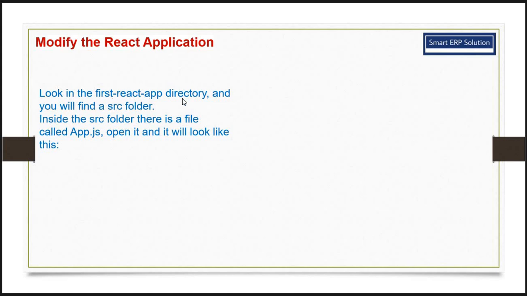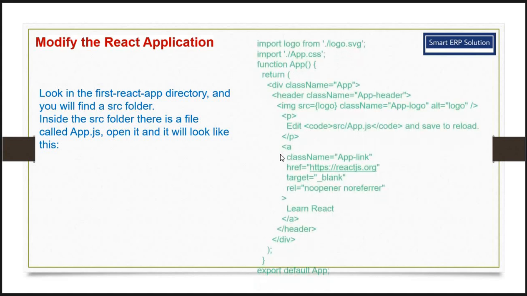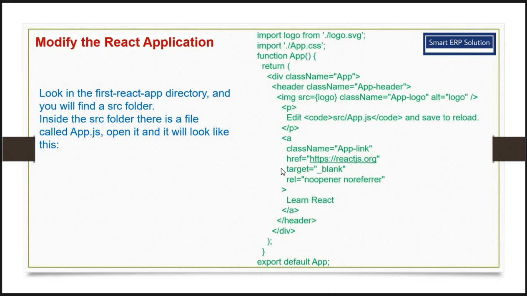Look in the first React app directory and you will find the src folder. Inside the src folder, there is a file called app.js. You need to open it. It will look like this. This will be written under app.js.